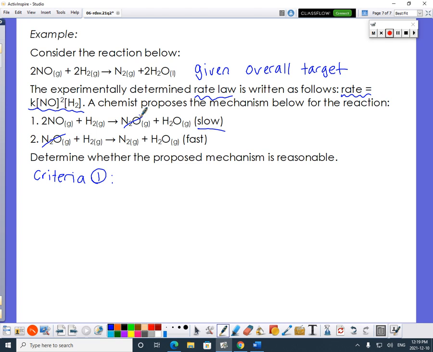The rest of them we're going to add, right? So add it up. 2NO, 2H2. So far, so good. N2, 2H2O. Does it match what you're given? Yes, it does.